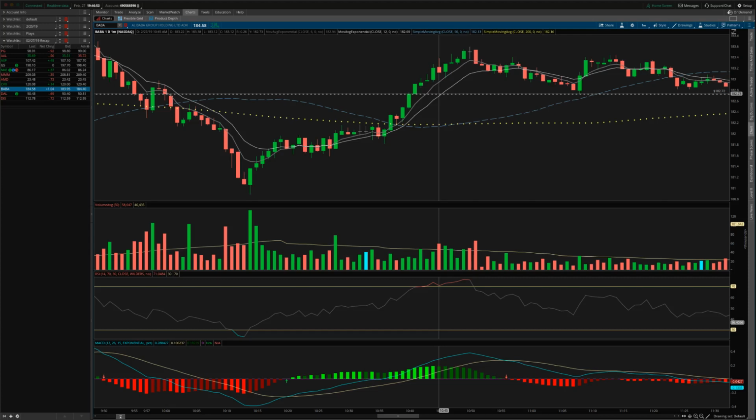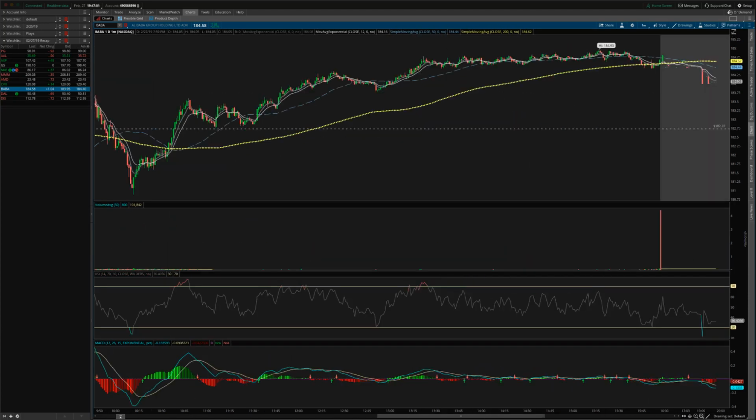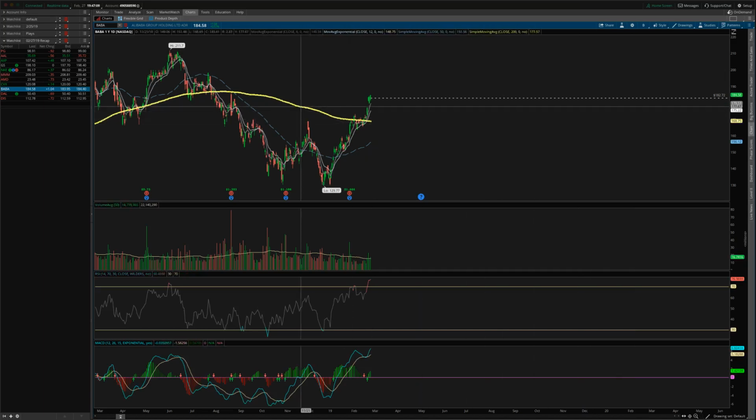It is areas that have been touched many, many times before and that have been unable to either go above or below. So places where the stock has been unable to break before, and the more times it does it, the stronger that resistance or support becomes, right?